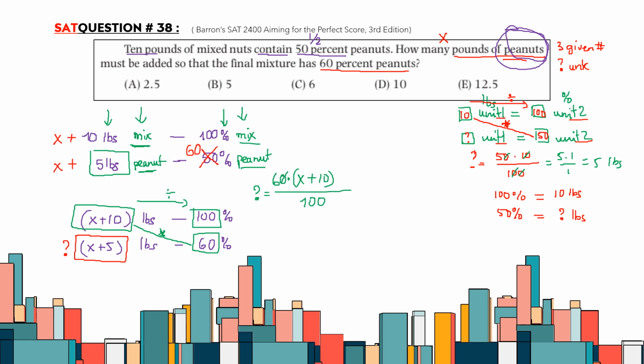Now 60, we cancel that. Now we have 6 and 10, you can reduce by 2, so 6 divided by 2 is 3, times X plus 10 over 10, which is 5 times 2. You reduce that 2. So now you will have 3 times X plus 10 over 5.